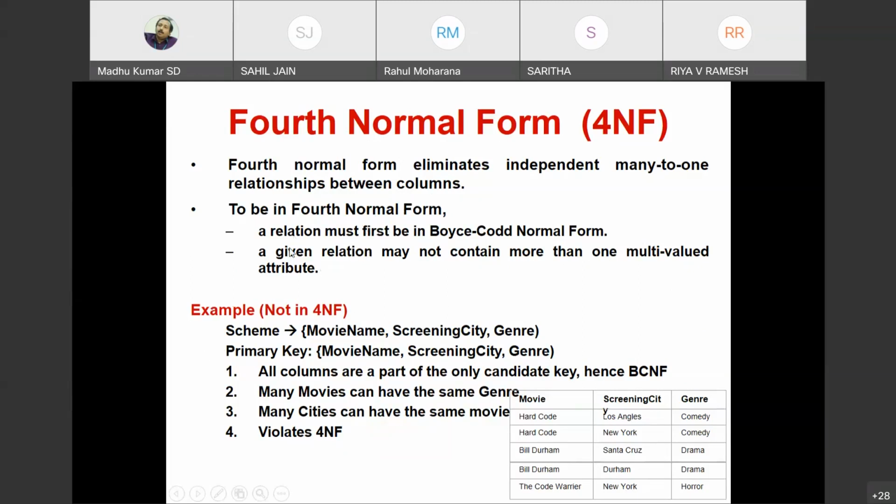To be in fourth normal form, a relation must be in BCNF and must not contain more than one multi-valued attribute. For any functional dependency or multi-valued dependency of the form X multi-determines Y, X should be the key of the table. Then you say that the relation is in fourth normal form.